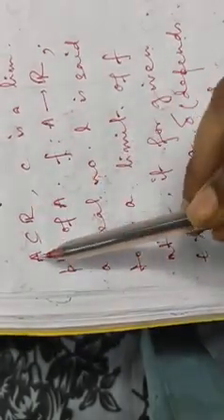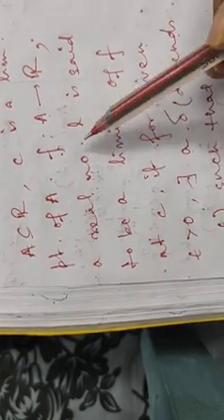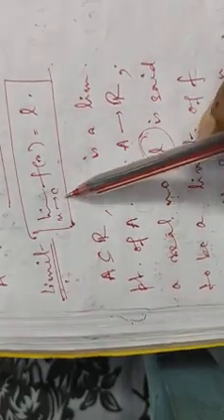Okay, so what does it state? It states that suppose we have a set A, a subset of R, and C is a limit point of A. That means C may or may not belong to A. We don't know. And we have a function f from A to R. Now a real number L is said to be the limit of f at the point C, that means as x tends to C, f(x) has limit L, if for given epsilon greater than 0, that means epsilon is pre-assigned, you can choose it however small.